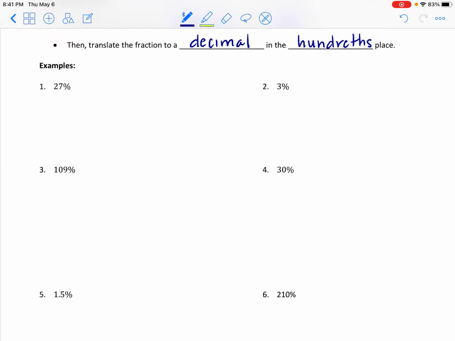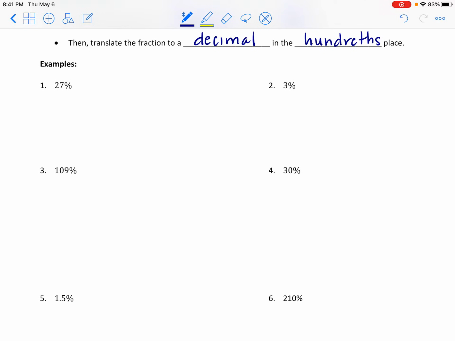My apologies. 27%. So 27% has a direct translation. It means 27 out of 100. So if I said write it as a fraction, boom, you're done. And that can't even be reduced. There aren't any common factors for 27 and 100, so that would be your fraction form. And then if I said make it a decimal, well, 27 out of 100 is 27 hundredths, right?